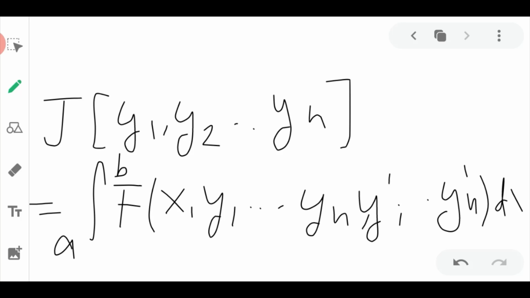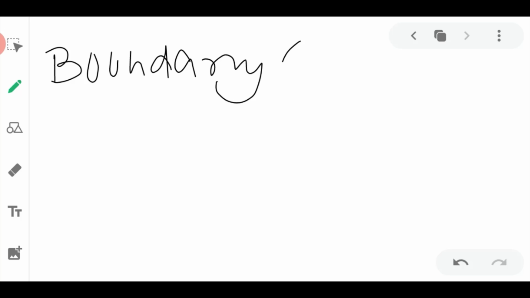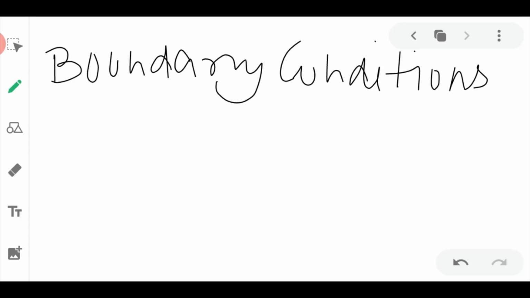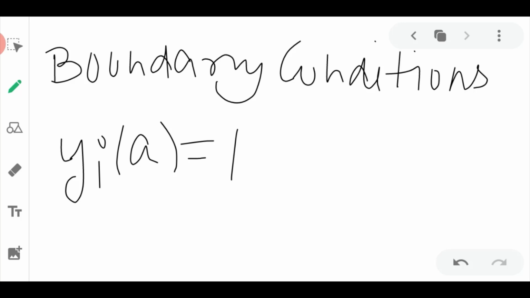And again we have boundary conditions too. Let me write the boundary conditions first. The boundary conditions are y sub i of a is equal to A sub i, and y sub i of b is equal to capital B sub i.